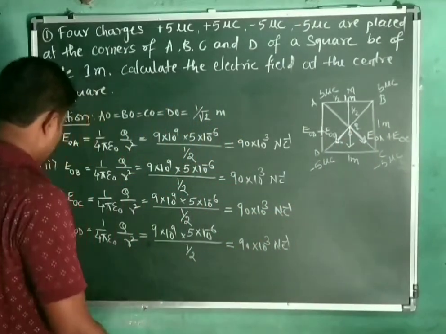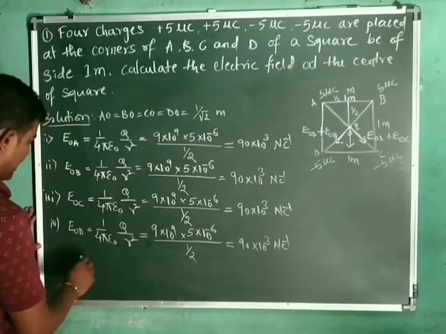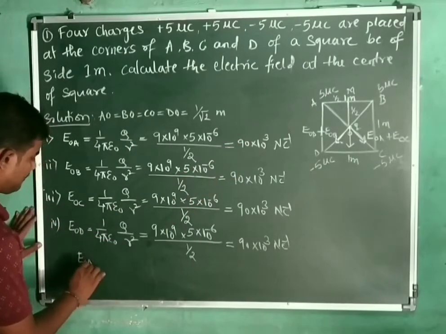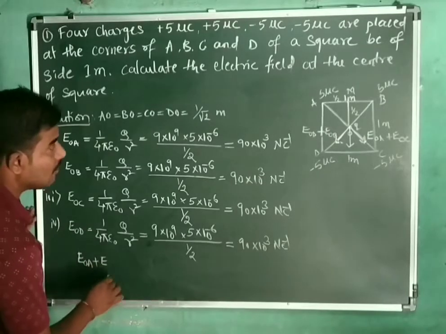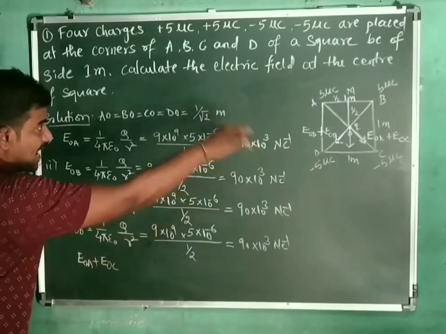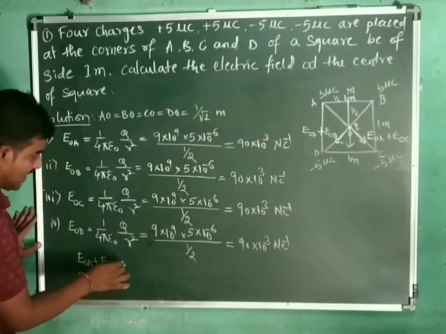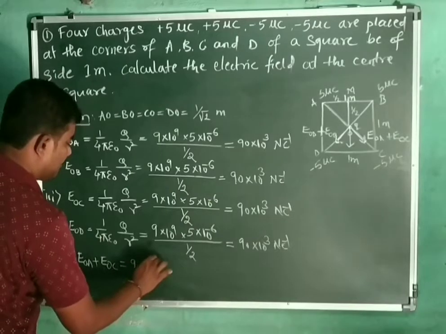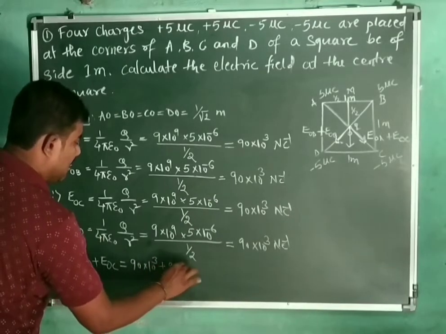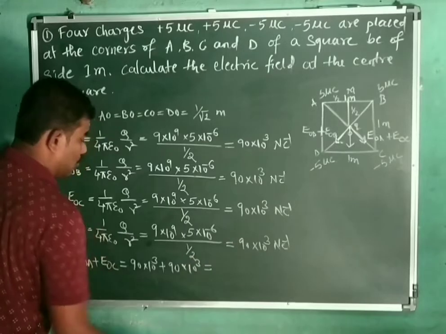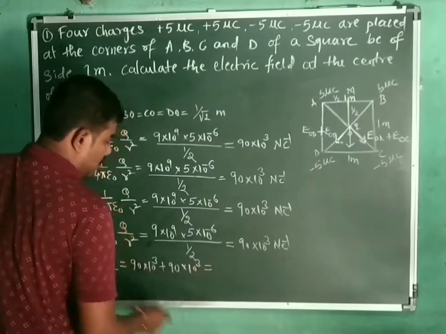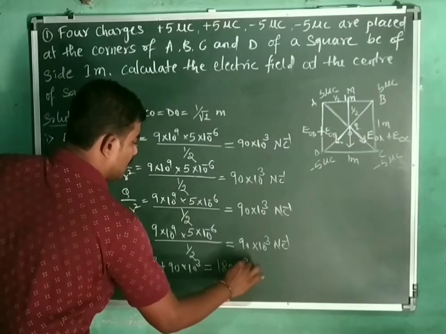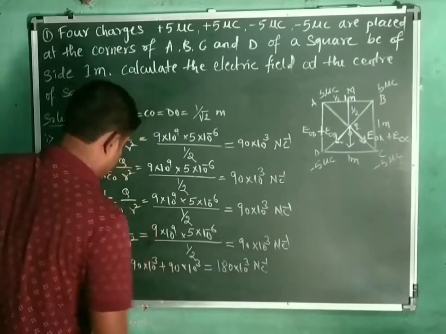Okay, so from these we can write EOA plus EOC. Since they are acting in the same direction, therefore I am adding. EOA is how much? 90 into 10 to the power 3 plus 90 into 10 to the power 3 is equal to 2 times 90, therefore it is 180 into 10 to the power 3 Newton per Coulomb.